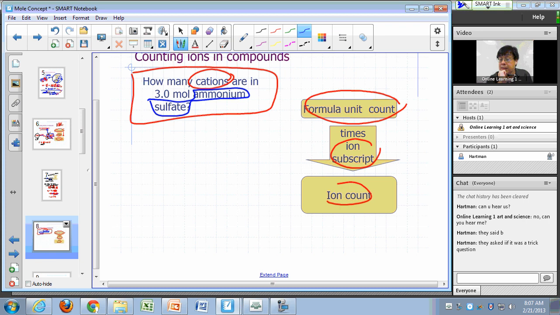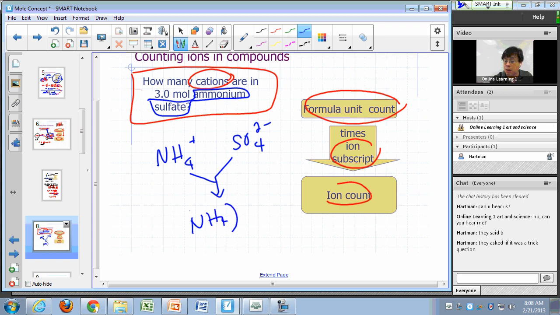So ammonium sulfate, you have to figure out what that formula is. Okay, so what's the formula of ammonium sulfate? Ammonium is NH4 plus, and sulfate is SO4 with a -2 charge. So what's this formula going to be? The compound is going to have a formula of (NH4)2SO4.